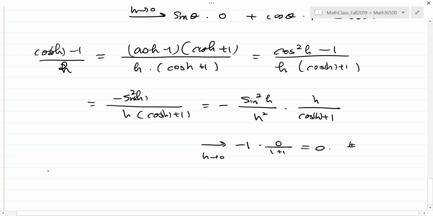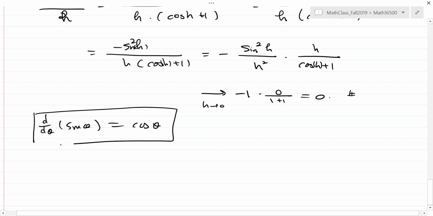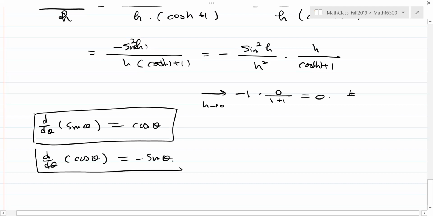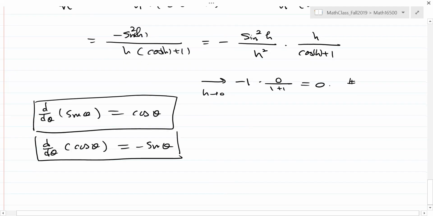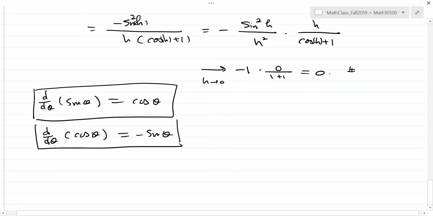All right, so my answer here is the derivative of sine theta equals cosine theta. So this is the first formula. The second formula, the derivative of cosine theta equals negative sine theta. By the same argument, I'm not going to repeat it. So I'll give you these two formulas. You have to use the same argument to get the limit for the derivative of cosine theta.